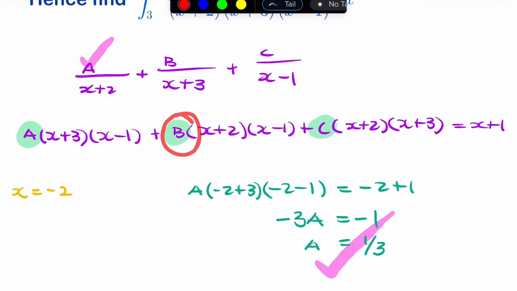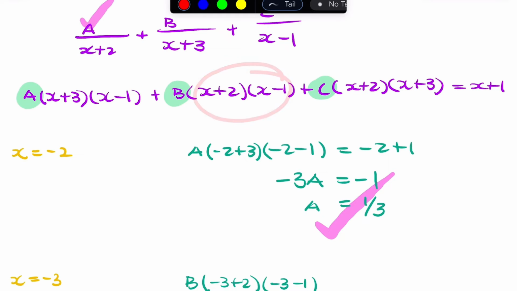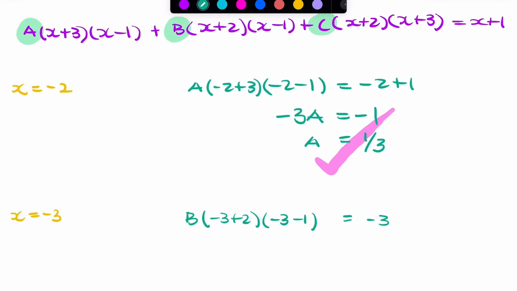Now to find b, I'm going to take x equals negative 3, so that this becomes a 0 and this becomes a 0, and I don't need to worry about this term or that term. So I'm going to say x equals negative 3, and then I've got b times (negative 3 plus 2)(negative 3 minus 1) equals negative 3 plus 1.